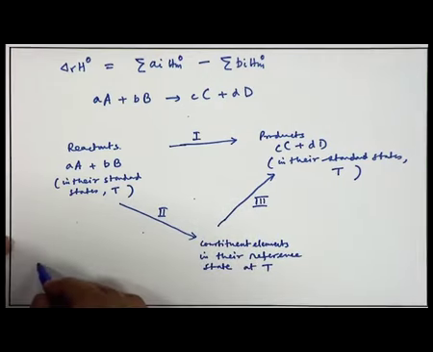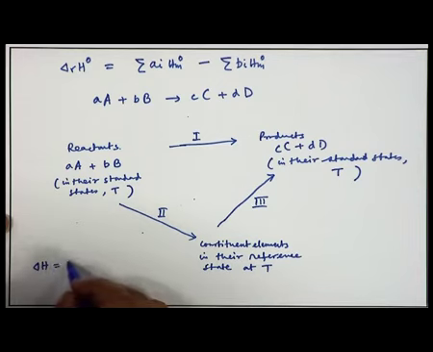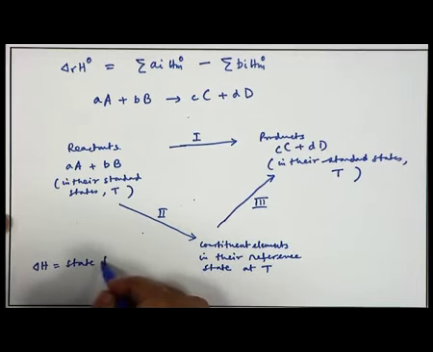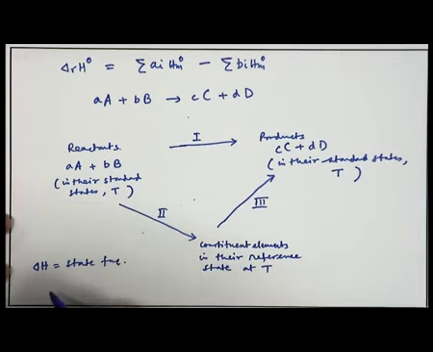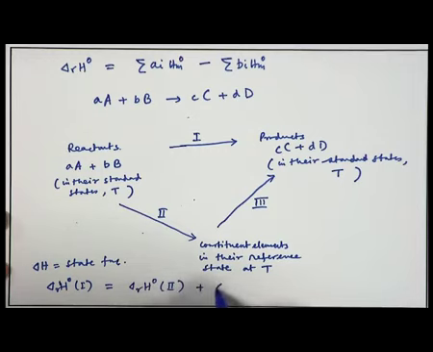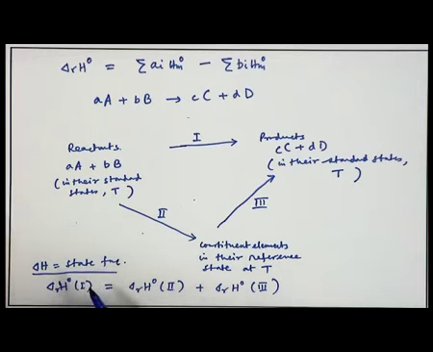Because delta H is a state function, or state does not depend on path, we can consider the delta H R for first reaction number 1 is equal to delta R H for reaction number 2 plus delta R H for reaction number 3. We can consider this because del H does not depend on the path.